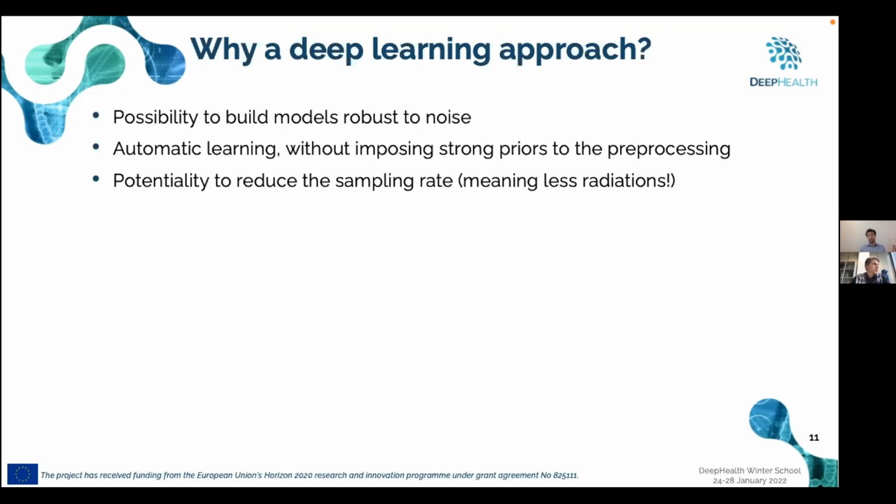It is shown in many contexts, including and especially in the medical context, which proves on the field that if properly trained, deep neural networks are much more resilient to noise with respect to hand-designed algorithms for feature extraction and to perform image processing. It's an automatic learning process, so we do not need to impose very strong priors on the preprocessing.